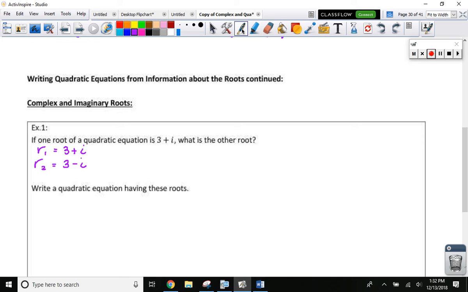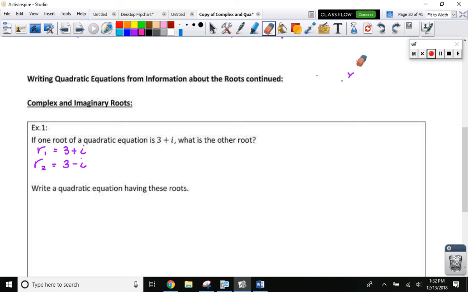So I could say x equals 3 plus i and x equals 3 minus i. Then I'd have to say x minus (3 plus i) and x minus (3 minus i) equals 0, and that would get a little messy, correct?